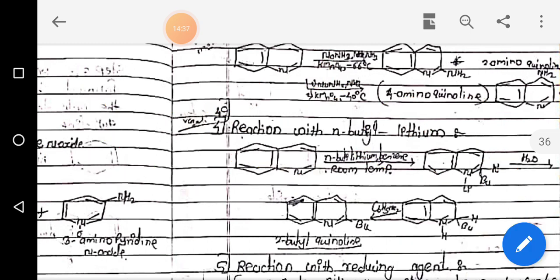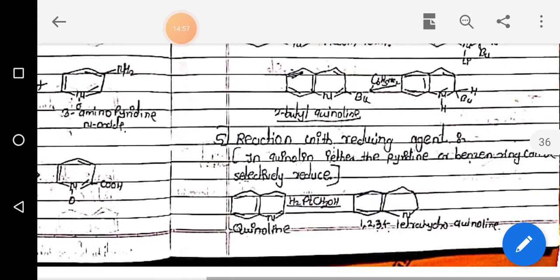Then the next step is H2O added there. H2O also gets added and forms 2-butylquinoline. 2-Butylquinoline is the product.